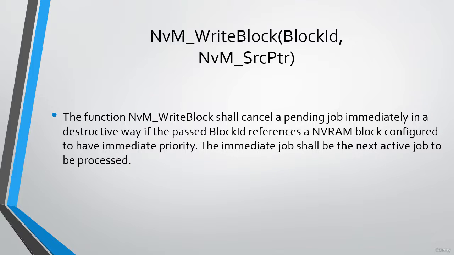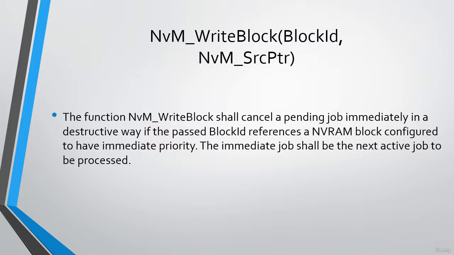Now, the function NVM write block shall cancel a pending job immediately in a destructive way if the passed block ID references an NVRAM block configured to have immediate priority. So what happens is, as I told you, when there are multiple read requests or write requests, the queuing happens.